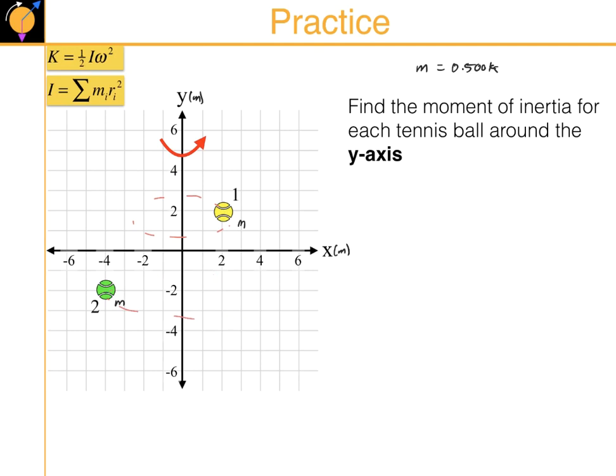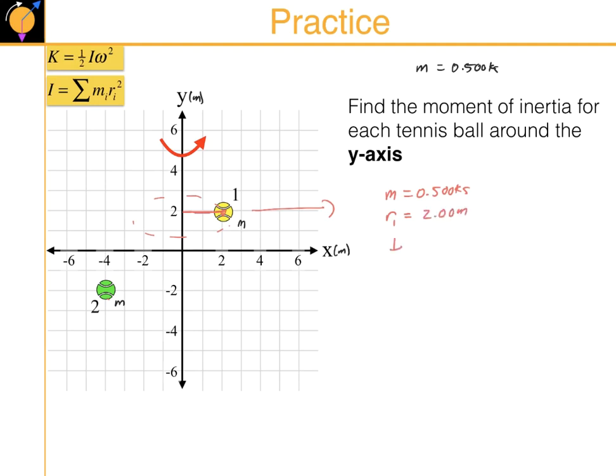Okay, so for ball 1, let's write down everything that we know. Its mass is given as 0.500 kilograms, and r for ball 1, how far it is from the axis, is this distance here. And reading it off the graph, r1 is 2 meters.